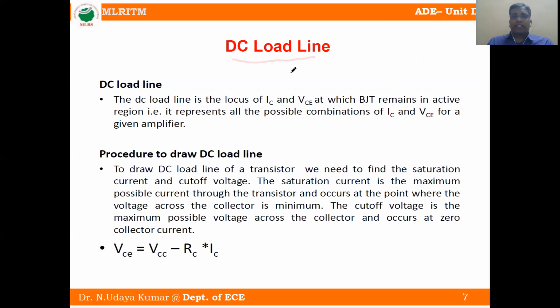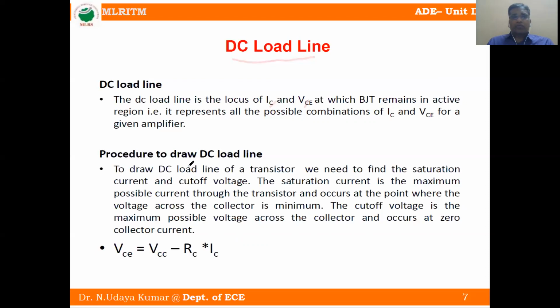DC load line is the locus of IC and VCE while the BJT remains in the active region. It represents all the possible combinations of IC and VCE for a given amplifier. You will understand clearly in the next slide, because I am explaining with a graph.